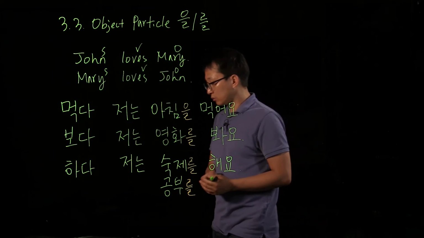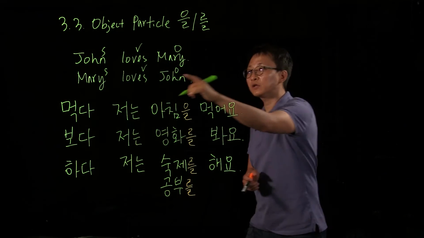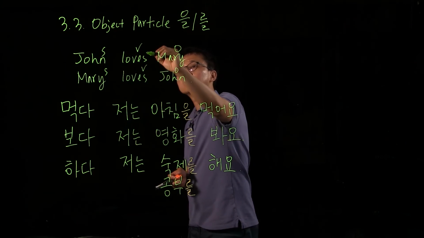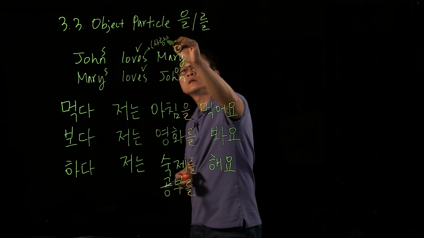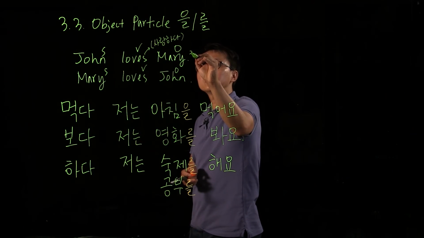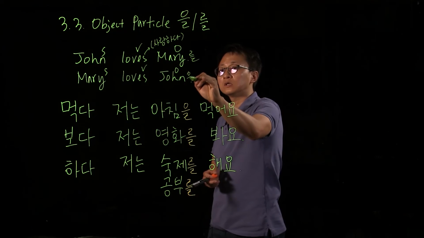Let me think about more verbs, like 읽다. By the way, what's the verb love? 사랑하다, 사랑하다. So John이 메리를 사랑해요. 메리가 존을 사랑해요.